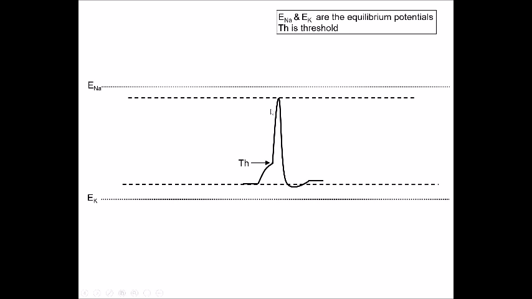Down here. So if they open, we have a large driving gradient for potassium to leave the cell, go towards the E potassium, and therefore it brings the action potential back down. It may even go below the resting membrane potential, and when you see this, you know that E potassium is below the resting membrane potential because that's what's driving it that way.